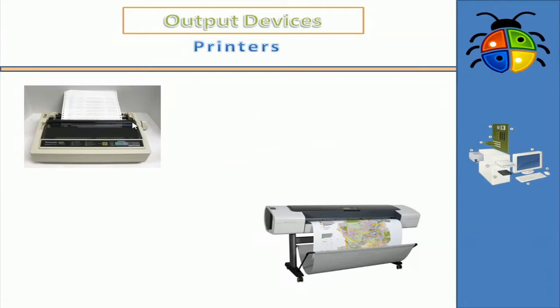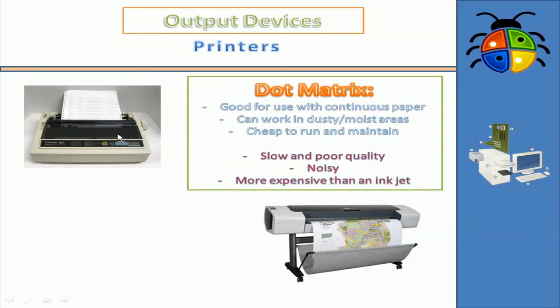People used this dot matrix printer, but they still do today. Near me there's a mini market, and they print all of their stock things on this kind of paper as well. So they're not gone, they've just become more specialist, and we'll see why.